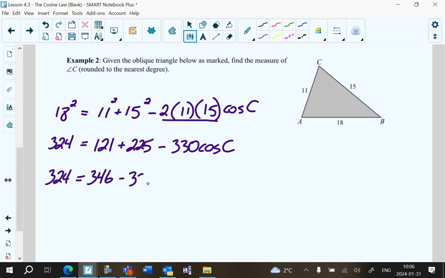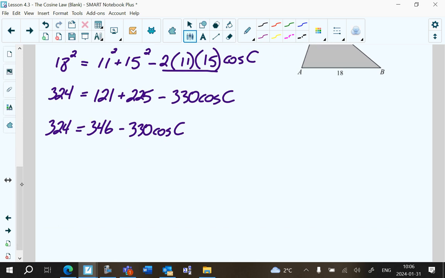Now, this is where a common mistake happens. Students think that this is this.